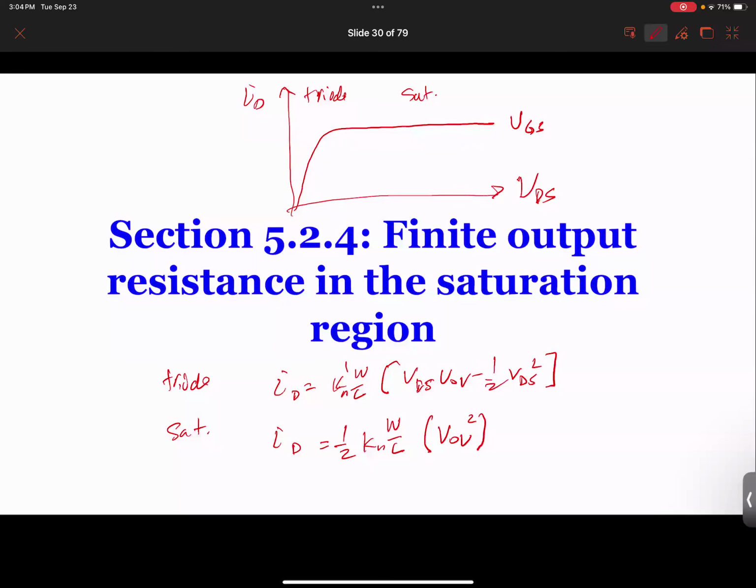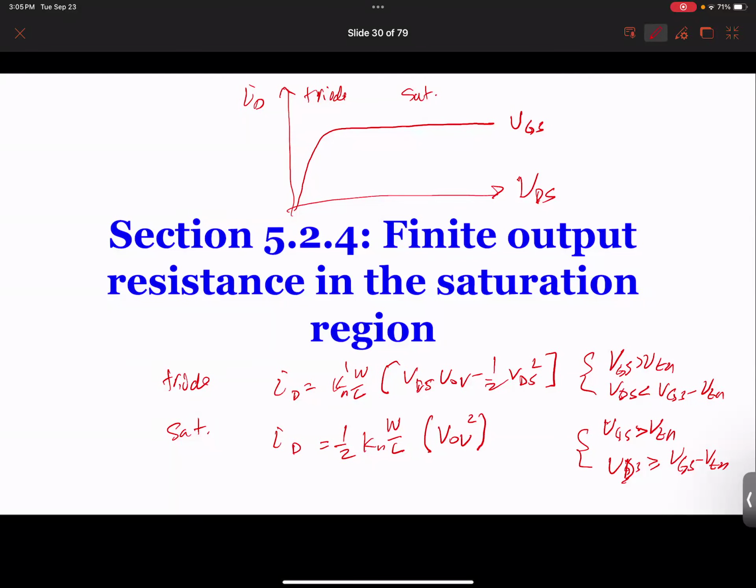For that to happen, you will have to have VGS larger than VT in both situations, but also for triode you have VDS less than VGS minus VT, and for saturation VDS larger than VGS minus VT.